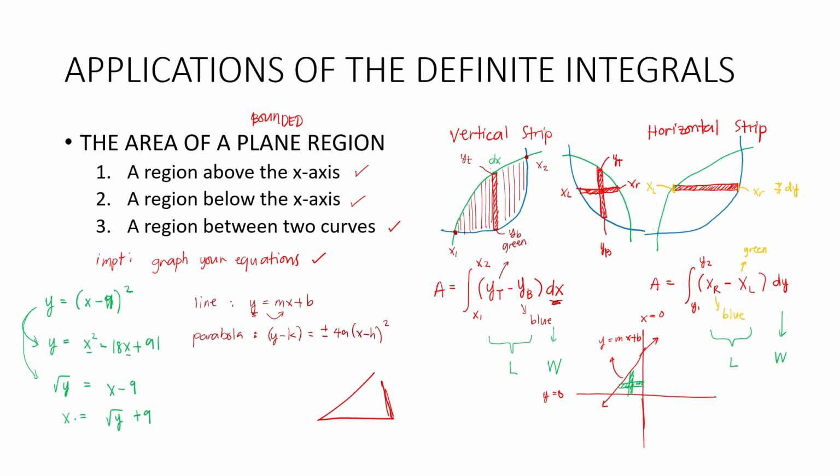So of course, it looks okay, but when you try to integrate this one in your calculator, it will take time because we are dealing with radical expressions. So I think that will be the disadvantage in the following examples later, because there will be equations wherein it's better to use vertical strip, and there will be equations where it's better to use horizontal strip.